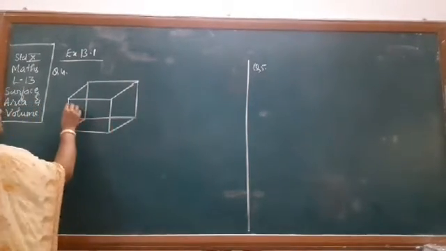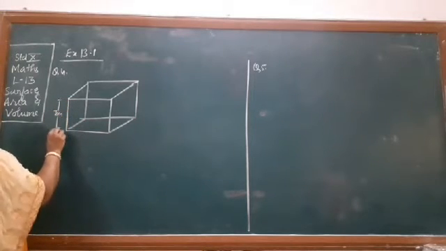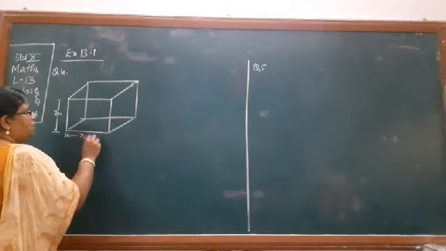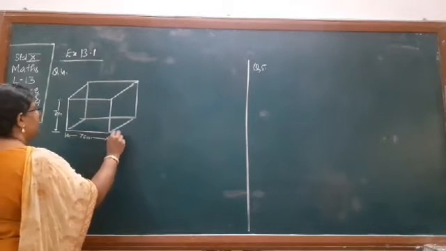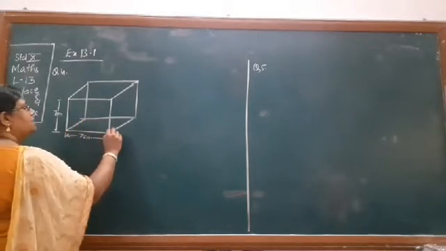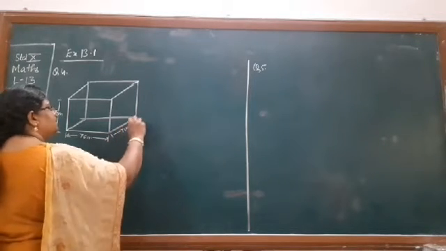Each side will be 7 centimeter. It is a cube, so that means all of them will be 7 only. Height, length and breadth also. This will also be 7 centimeter.